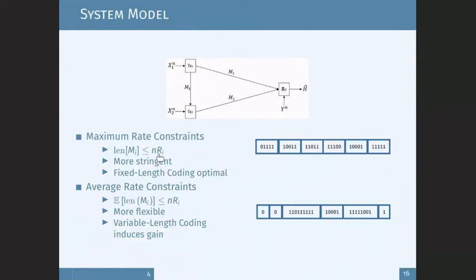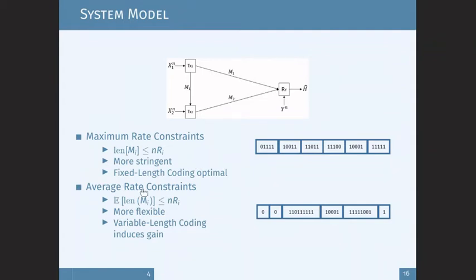So the allowed rate will be the maximum limit of this length of the message. So actually, we don't have flexibility in choosing our message length. We have to be restricted by one maximum constraint. And in such scenarios, fixed length coding is optimal, meaning that we can just use a fixed length for the messages, and they can be equal messages, for example.